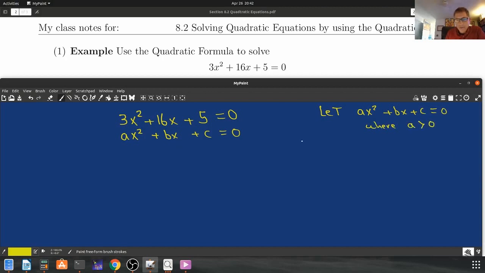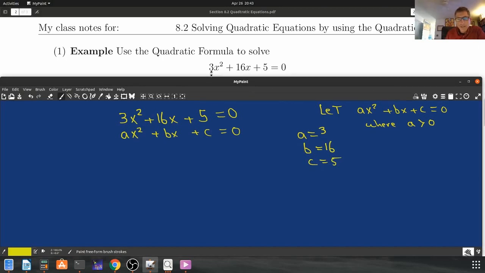So my a term is greater than 0, and it's 3. It's almost always given to you greater than 0. My b term is equal to 16, and my c term is equal to 5.